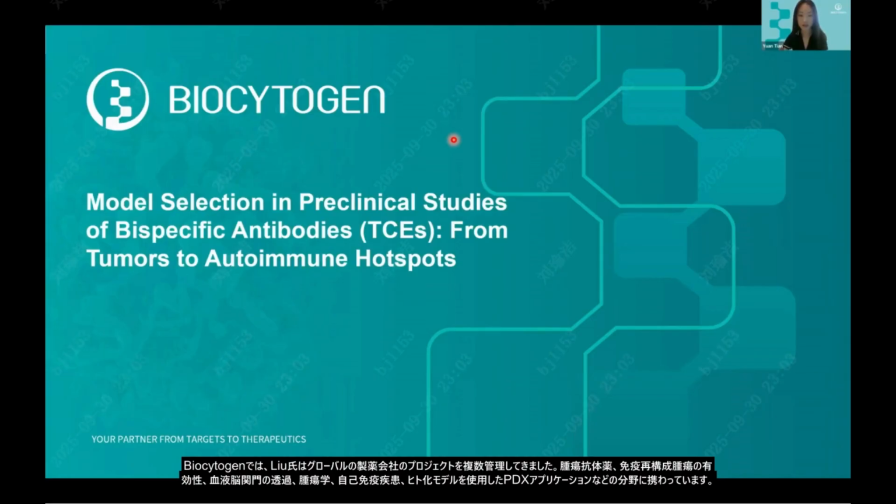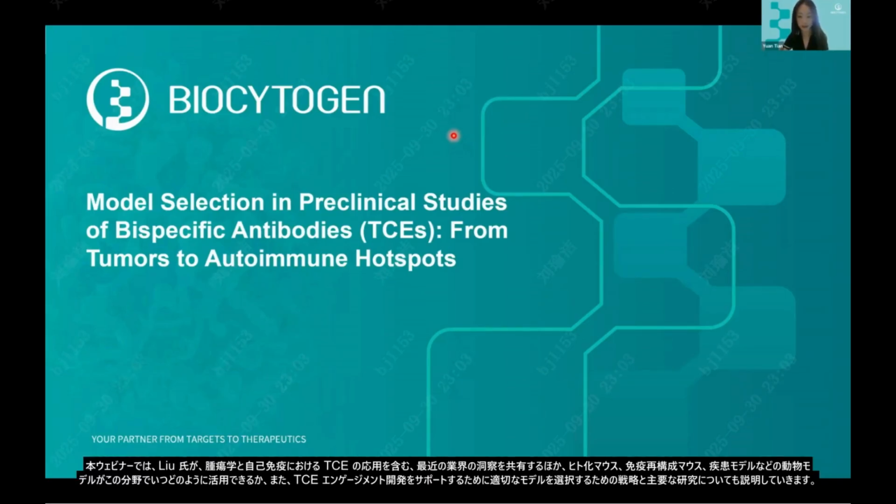Over the years at BioCytogen, Dr. Liu has managed many projects for pharmaceutical companies, both domestic and international, and her expertise spans tumor antibody drugs, immune reconstituted tumor efficacy, blood-brain barrier penetration, oncology, autoimmune diseases, and PDX applications using humanized models.